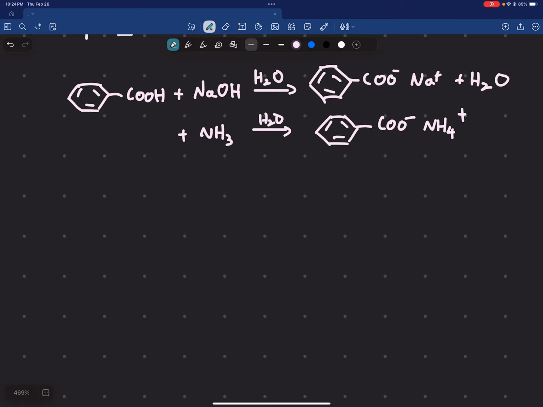For example, if we had benzyl alcohol and benzoic acid, and we dissolve both in ether and mix it with sodium hydroxide, we'll be able to separate the benzyl alcohol in the ether layer and the benzoic acid in the water layer, because of the water-soluble salt forming with sodium hydroxide. So this allows us to separate carboxylic acids from non-acidic, water-insoluble compounds.